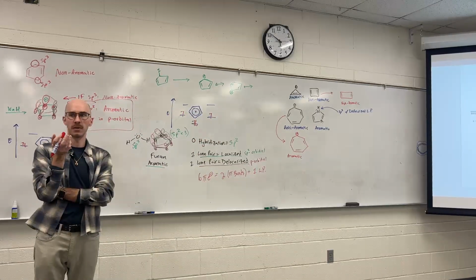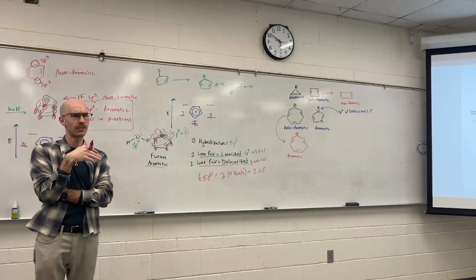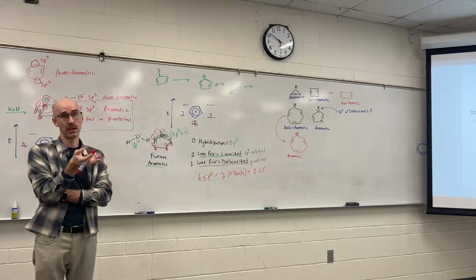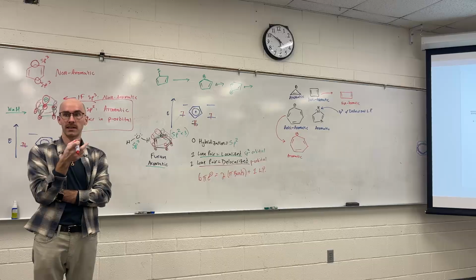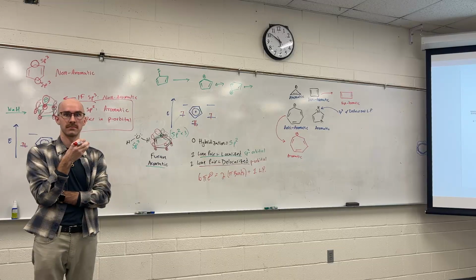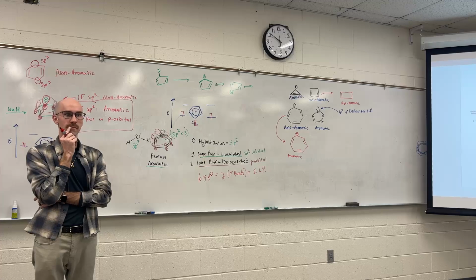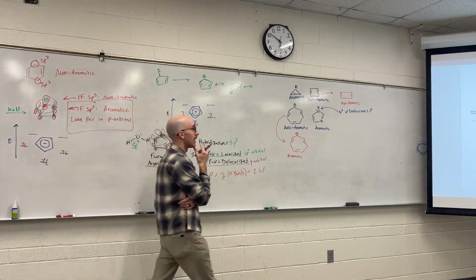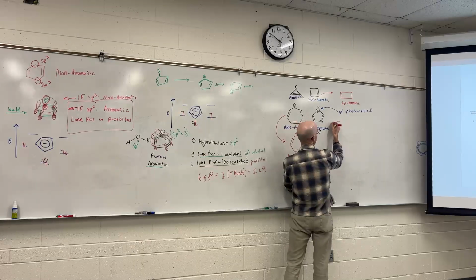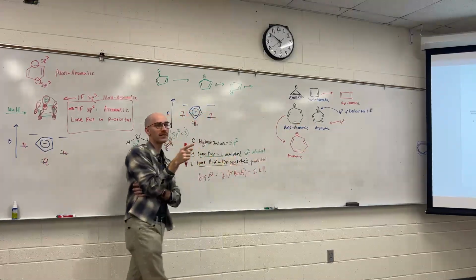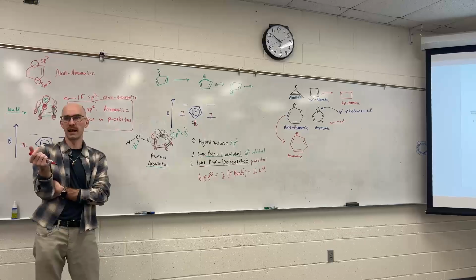How come its lone pair isn't counted towards the system, making the count 8 pi electrons and making it anti-aromatic? What's the hybridization of that nitrogen on the bottom? Also sp2. And I do want to point out this sp2 on the bottom already agrees with our rules for predicting hybridization.